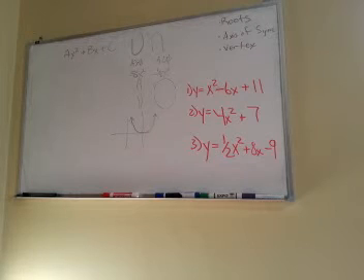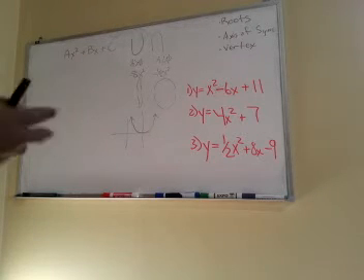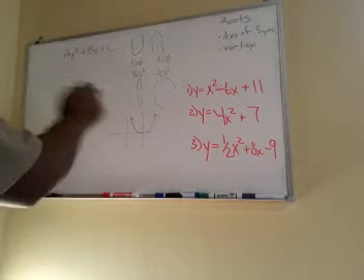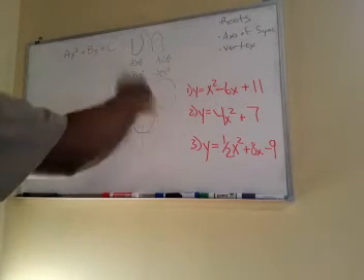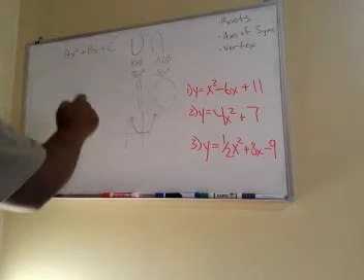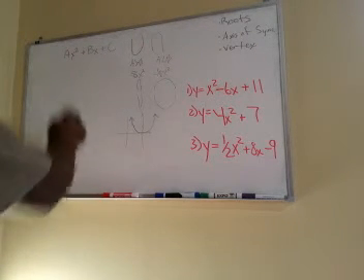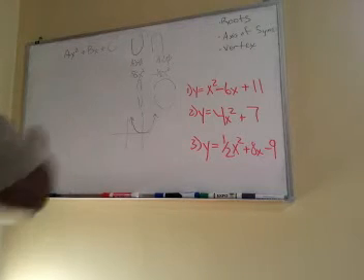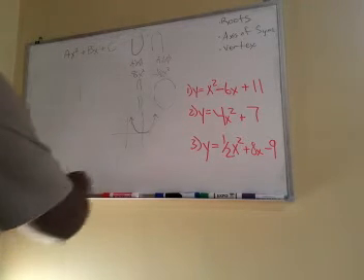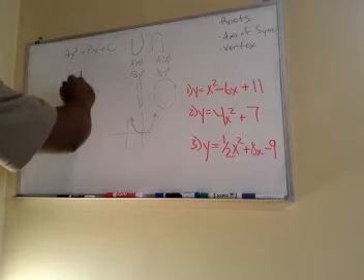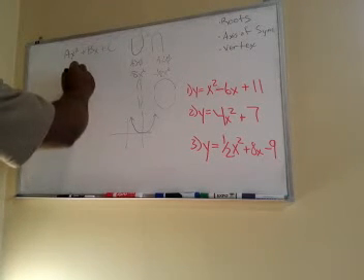And there's a formula to find the axis of symmetry. But before we even get there, and I'll come back to this, let's say this board doesn't erase well, so I just keep moving over until I have to erase.